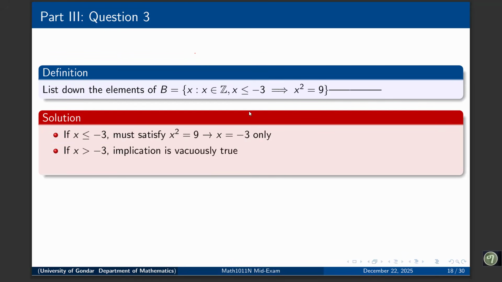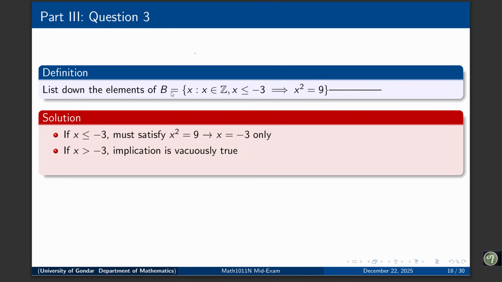The next case is when we assume that this one is false. That is, when x is greater than minus 3, this implication is vacuously true. Therefore, any element greater than minus 3 could be an element of this set.